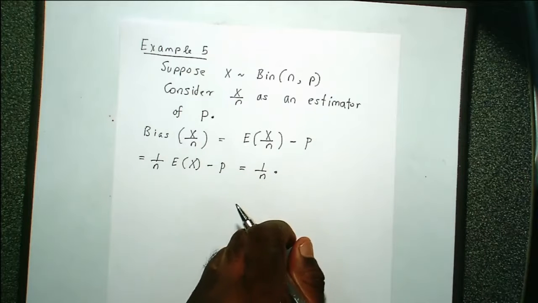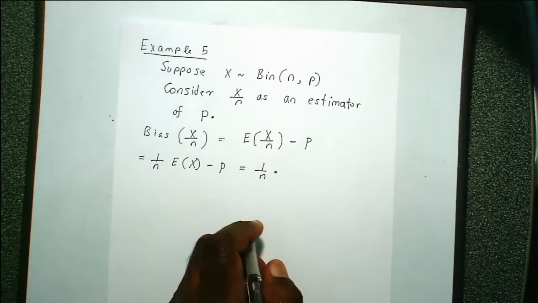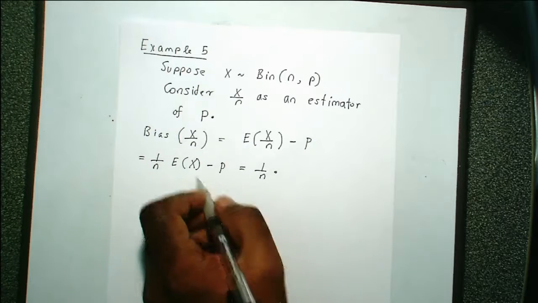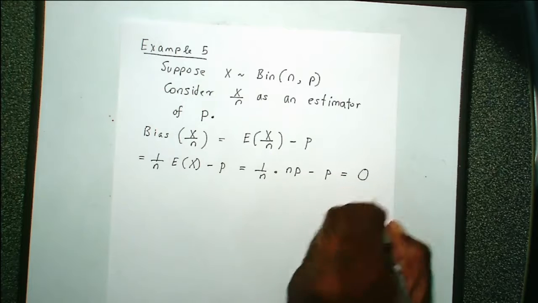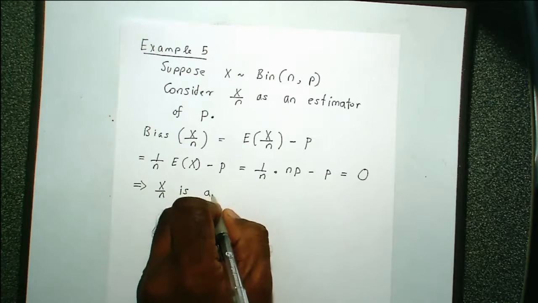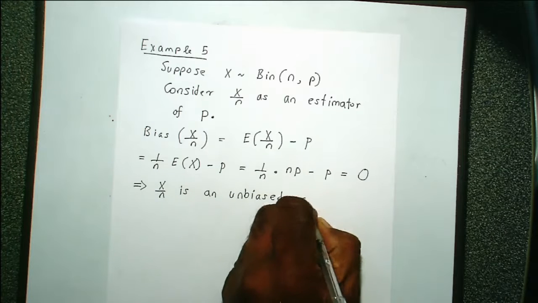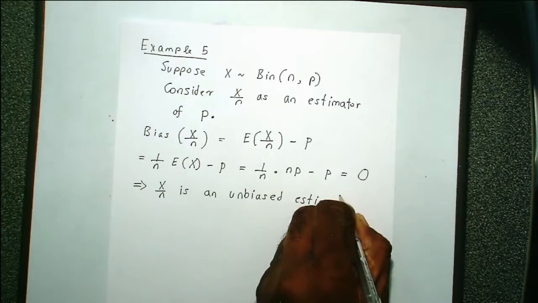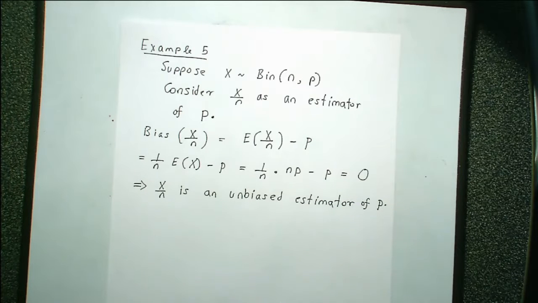Do I need to ask you what's the expectation of x for a binomial? Come on, guys. It is n times p. Did you follow me? So x over n is an unbiased estimator of p.